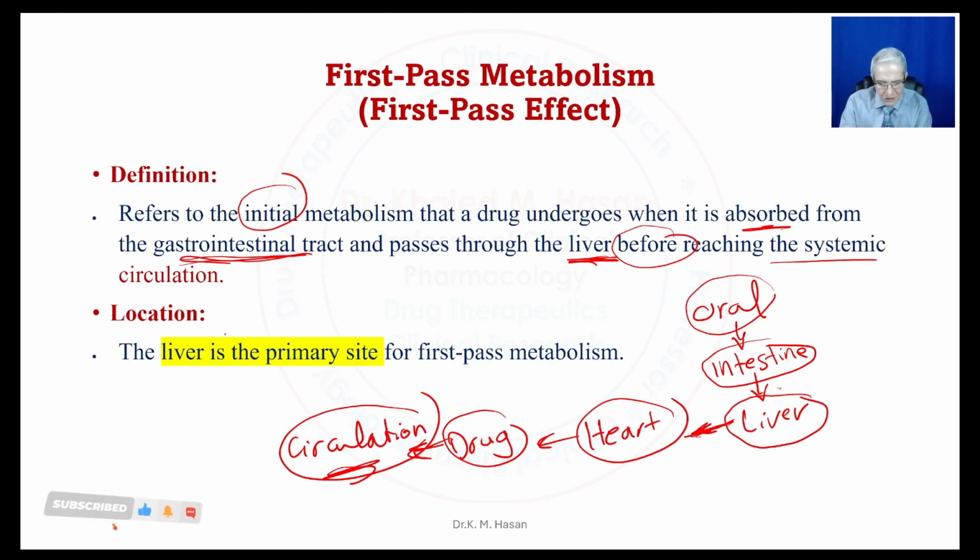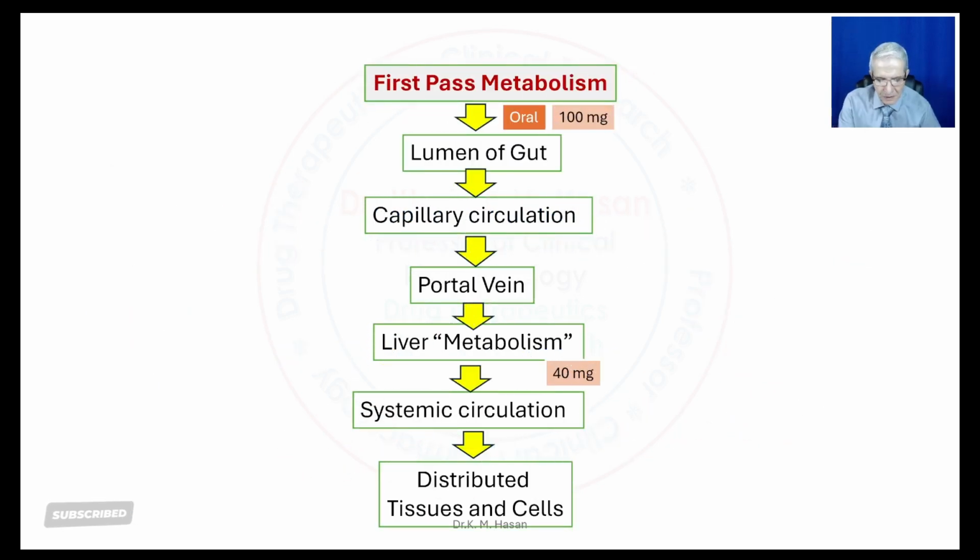And as you can see here, the main organ responsible for first pass metabolism is the liver. The liver is the primary site for first pass metabolism. Okay, first pass metabolism here.